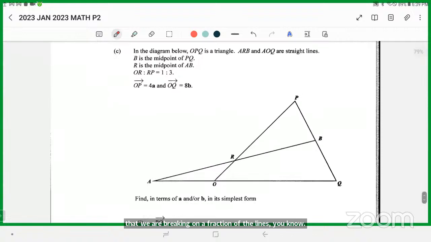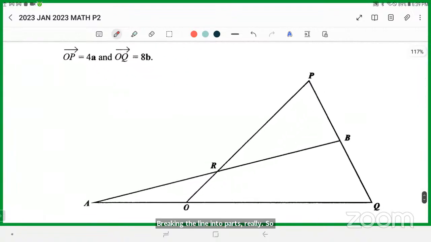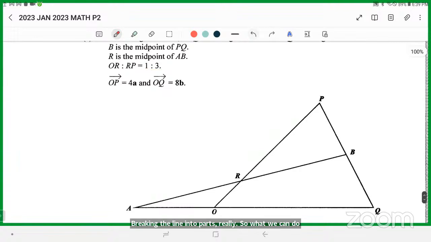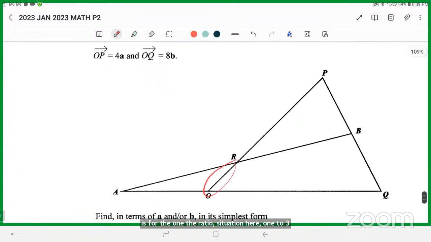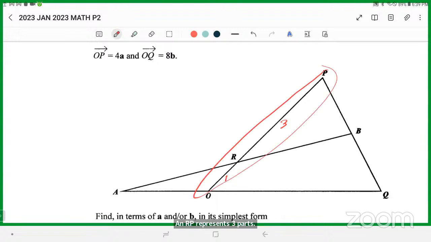So what we can do is put the ratio on the line. So OR represents 1 part and RP represents 3 parts. So meaning that the total parts on the line is 4.